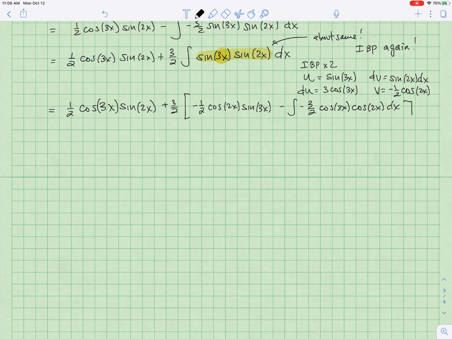And if we clean this up, this is 1/2 cosine 3x sine 2x minus 3/4 cosine 2x sine 3x.